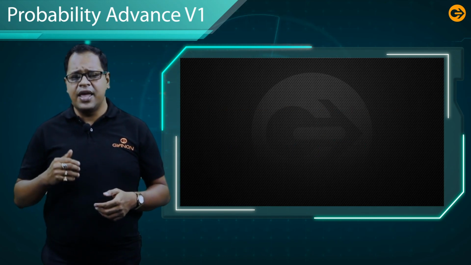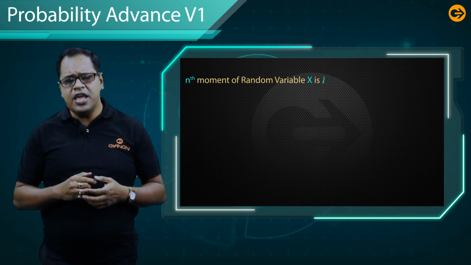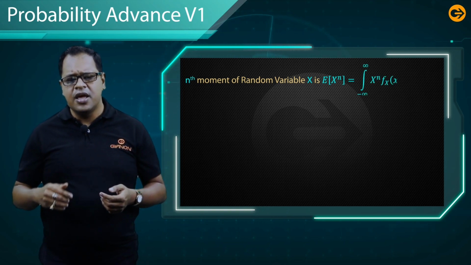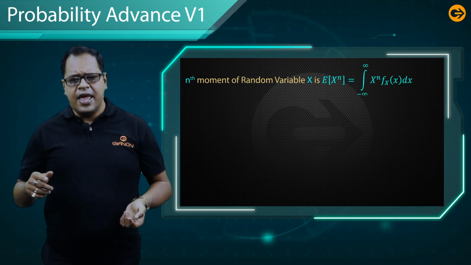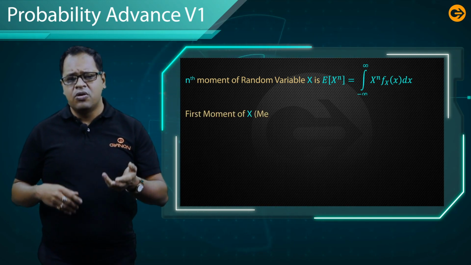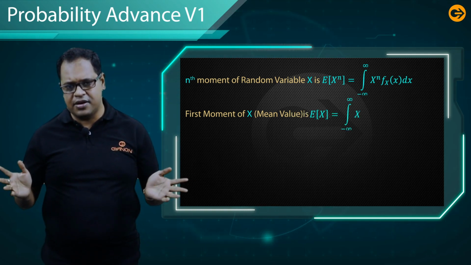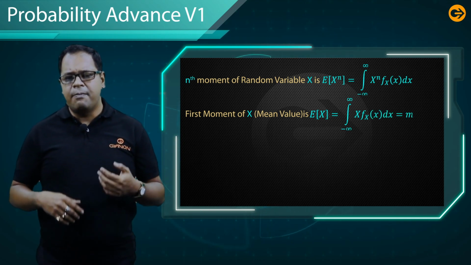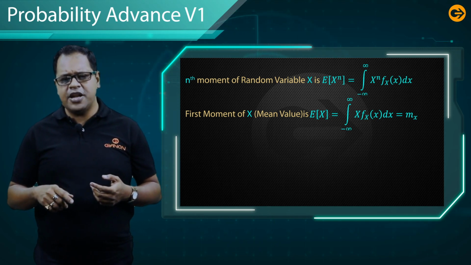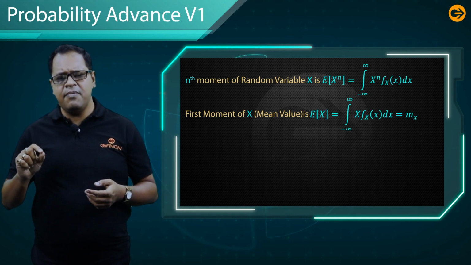Now let us discuss the nth moment of a random variable X, which is E[X^n] = integration from minus infinity to infinity of x^n f_X(x) dx. Then the first moment of X, which is known as the mean value, is E[X], where n is equal to 1, as simple as that. It is equal to the integration from minus infinity to infinity of x f_X(x) dx. It is also known as m_X.